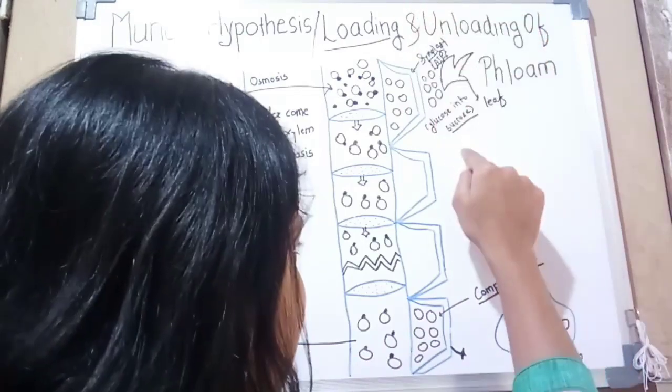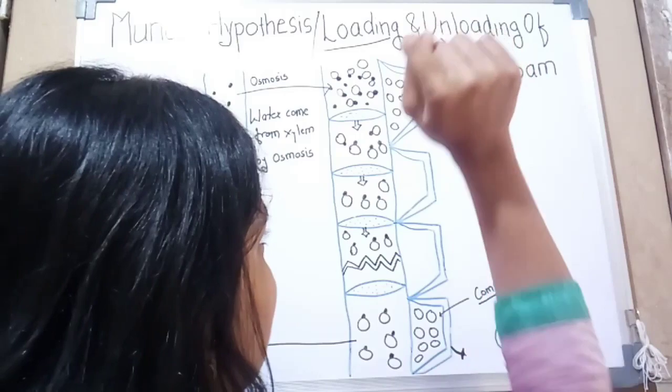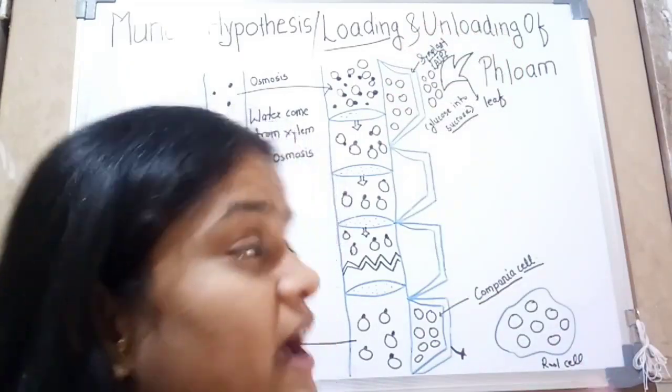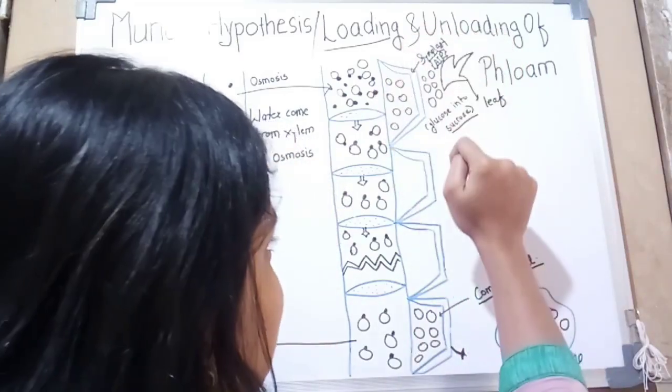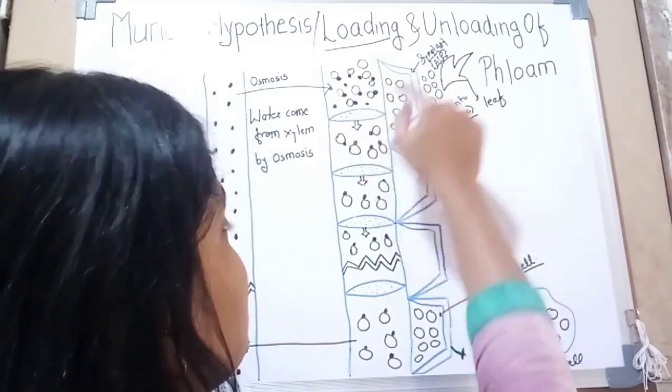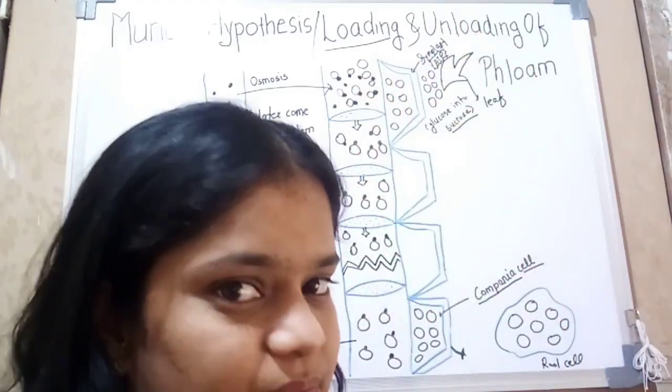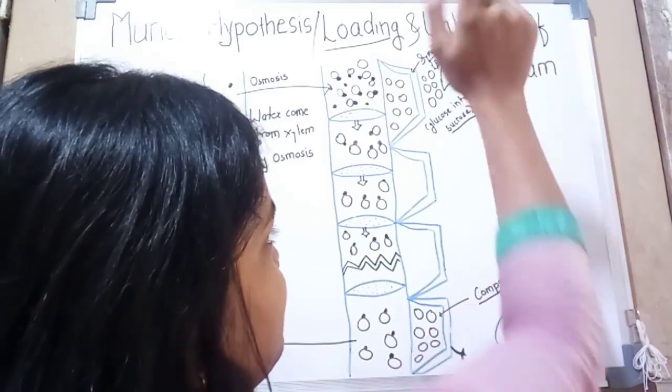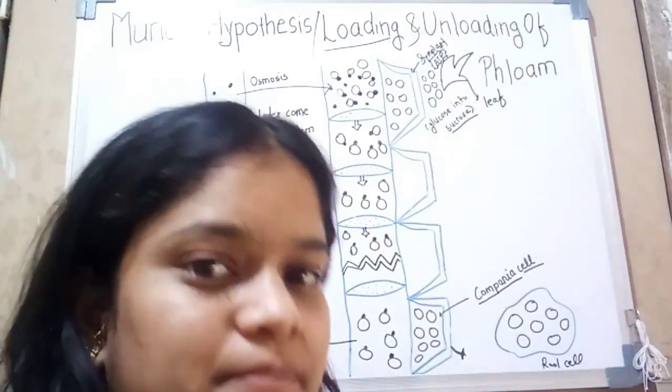The sucrose is transferred inside the sieve tubes by the symplast or apoplast pathway, and to enter inside the sieve tubes it requires energy. So what are the symplast pathway and apoplast pathway?